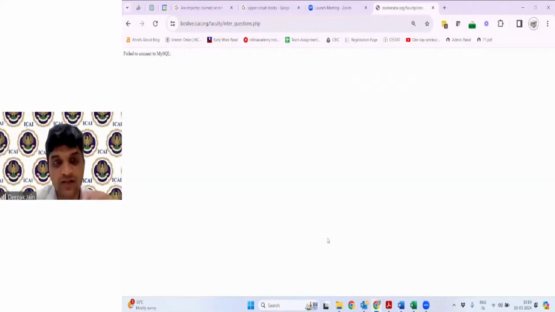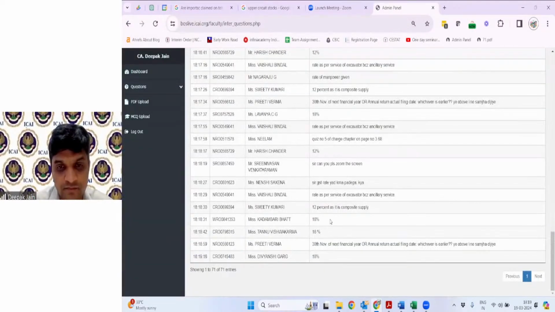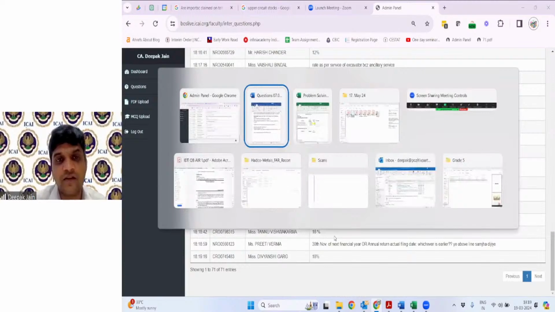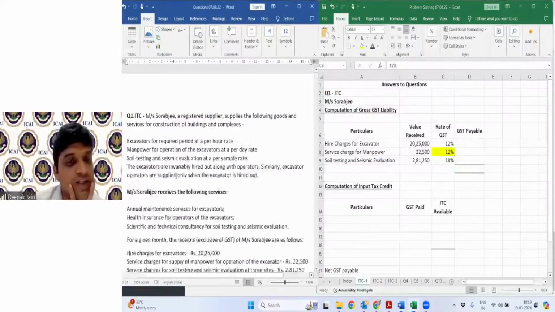Everybody is still saying it is 18%. But that is where our reading of the question, as I said, will help us. The question says that excavators are required for the required period on a per-hour rate basis, and manpower for operation is at per day. This is what they supply.